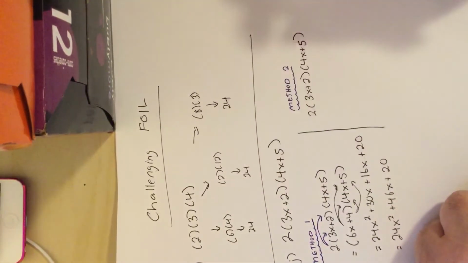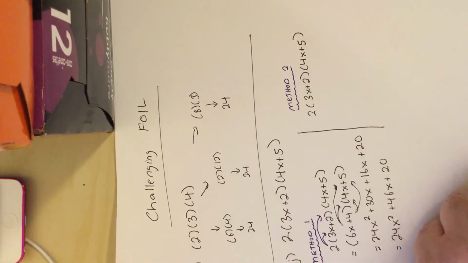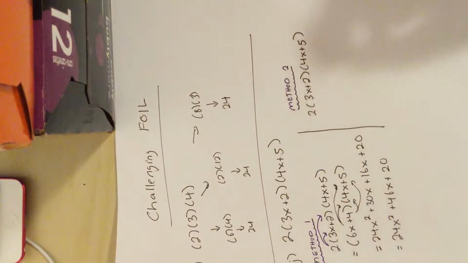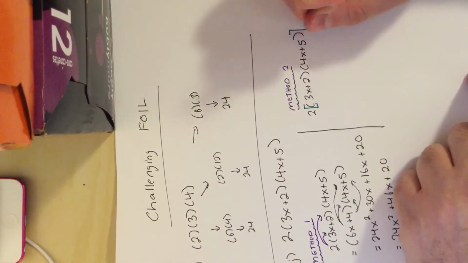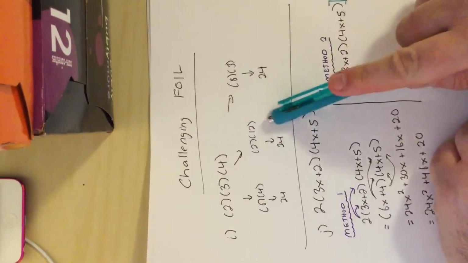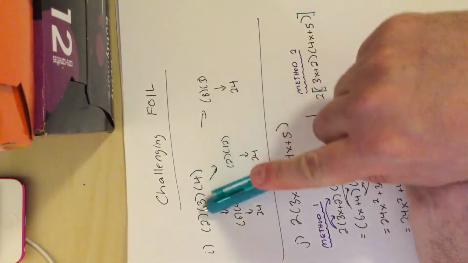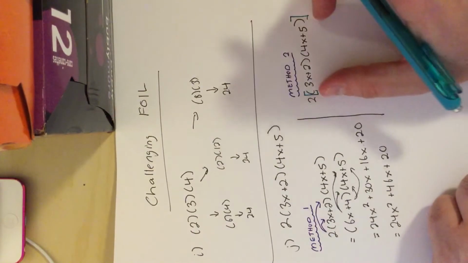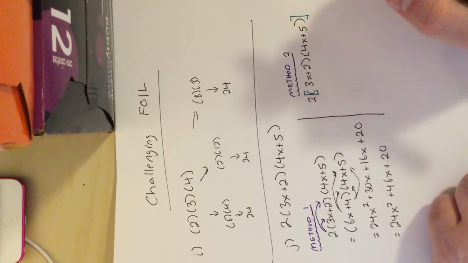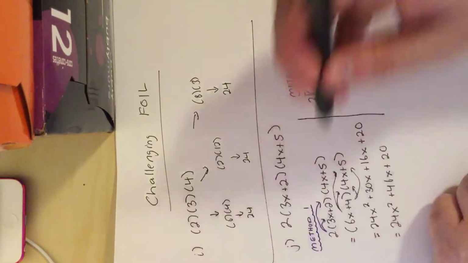I just rewrote the question. What we're going to do here, you don't have to do this, but I'm going to do it just to show it. I'm going to put a square bracket over here. We're going to multiply the last 2 first and then multiply it by the one in front. So I'm putting a bracket there to show that I'm going to multiply these guys first.